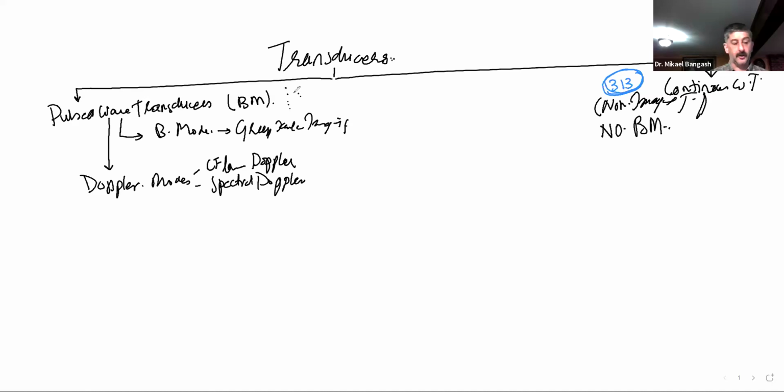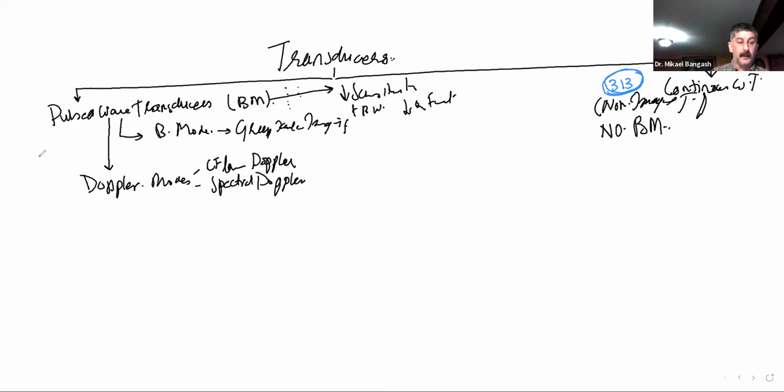Curved, linear, sequential, and so on. They have backing material. What were the consequences of a backing material? Low sensitivity, greater bandwidth, and low quality factor.